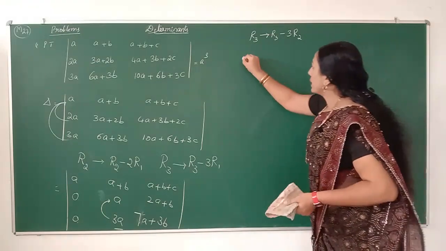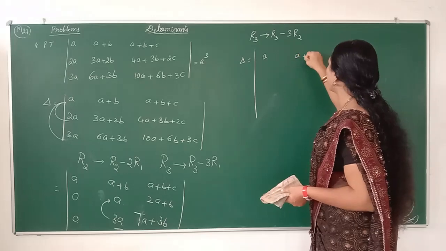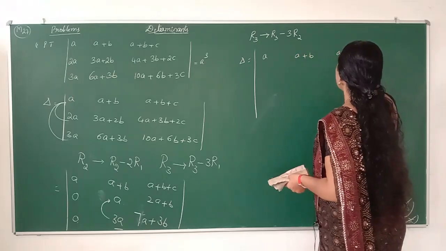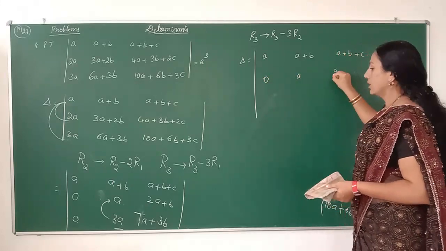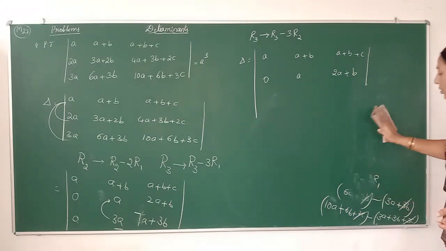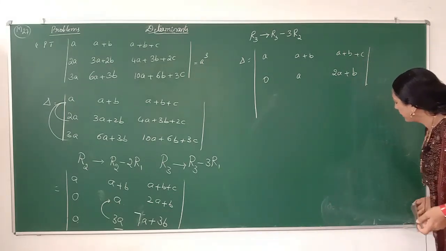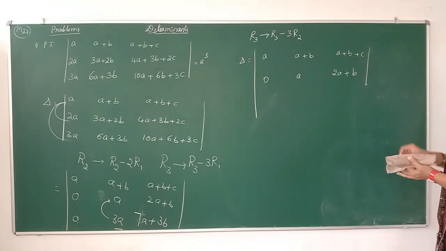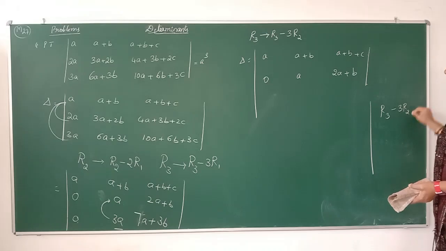Then delta is nothing but the elements of the first row a plus b, a plus b plus c, and the second row 0, a, 2a plus b. But the elements of the third row are subtracted with the corresponding elements of 3 times the second row, R3 minus 3 times R2.